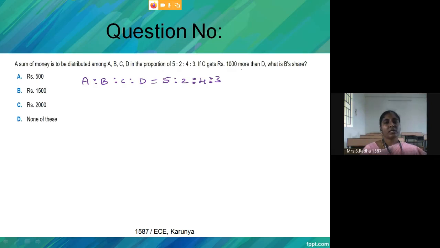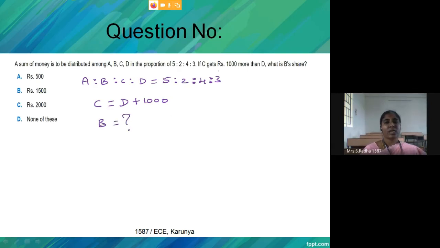If C gets 1000 more than D, C's amount is nothing but D's amount plus 1000 rupees. Now, what is the share of B?